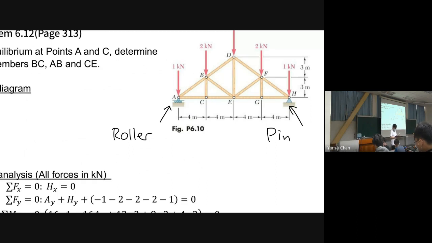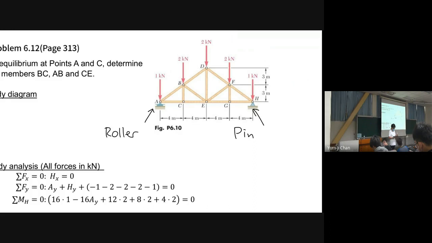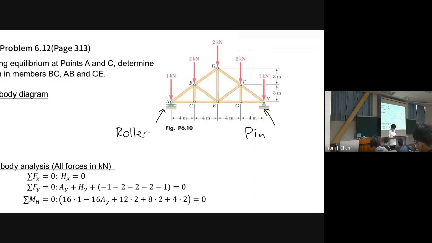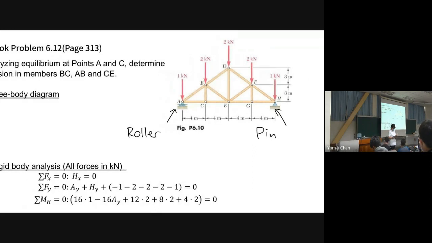So for the free body diagram, I'm not drawing the members in between, but for example, at A and at H, what forces do we have at A? How many forces, 1, 2, or 3?